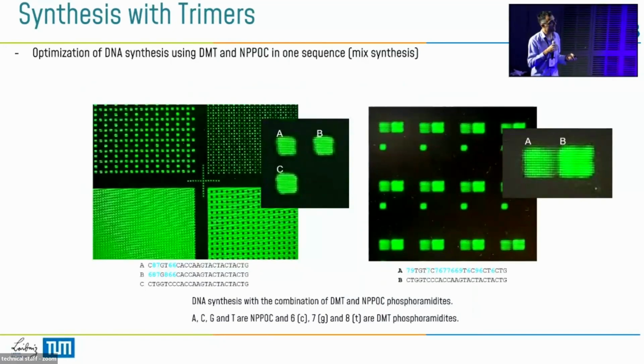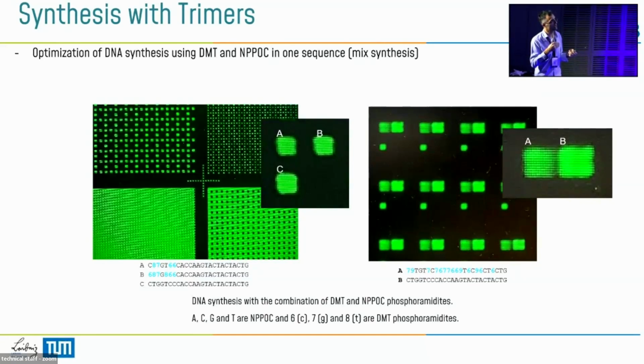Also, in this case, I used a few nucleotides that can be unlocked by acid, together with nucleotides that can be unlocked with UV, in one sequence. As you see, in A we have 4 nucleotides that are unlocked by acid.